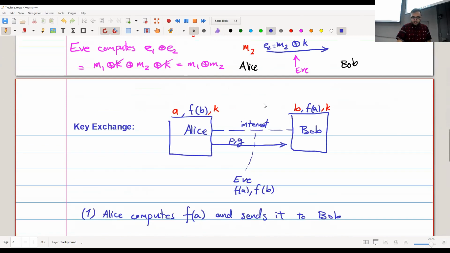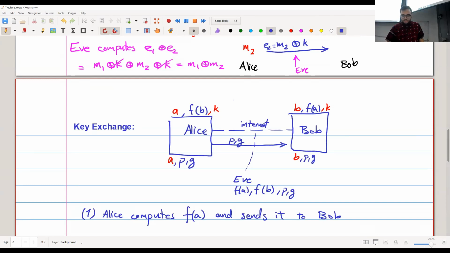Okay, so let's look at the situation here. I'm going to write it down here. So Alice had A, Bob had B, and then Alice sent P and g. So Alice knows P and g, Bob knows P and g, Eve knows P and g, right? Then Alice computed g to the power of A and sent that.